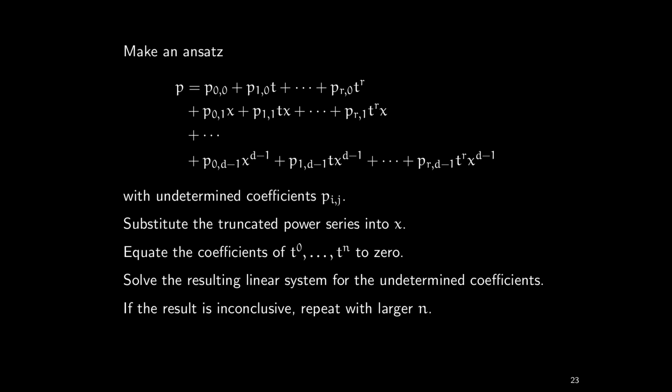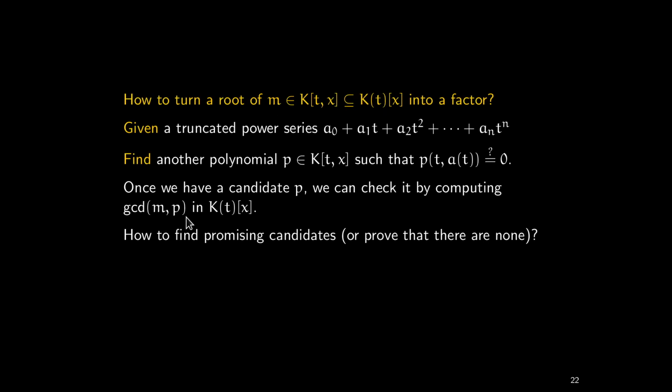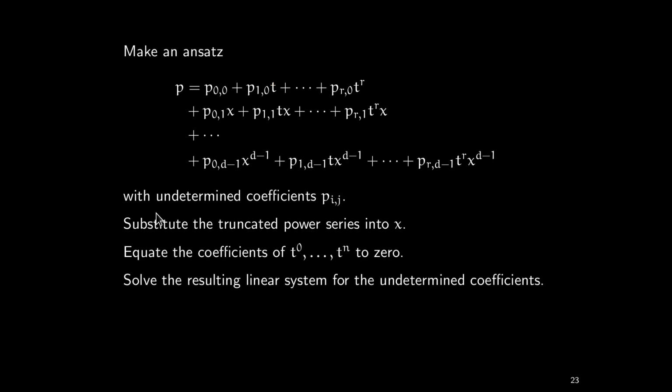The other case where you can be sure that you solved the problem is when you find a solution, and it's a p for which the GCD is not 1, because then you have found the factor of m, and then you're also happy. But it could be that the linear system has more than one solution, and then it will contain the factors, if there are any, but maybe it will contain some noise in addition.